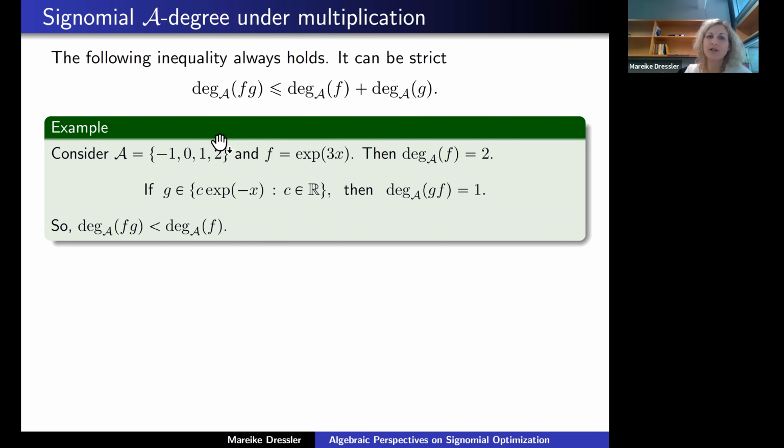So for instance here, e to the 2 times e to the 1. And then every g, which has this form and gets multiplied to f, the resulting signomial has A-degree 1, right? Because the resulting signomial is just c times e to the 2x. And since 2 is in my support, I have an A-degree of 1. So here we really have this strict inequality.